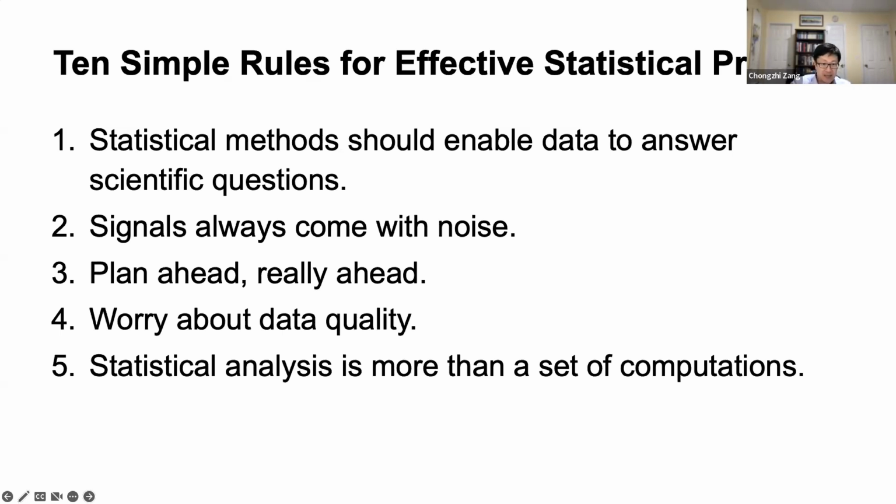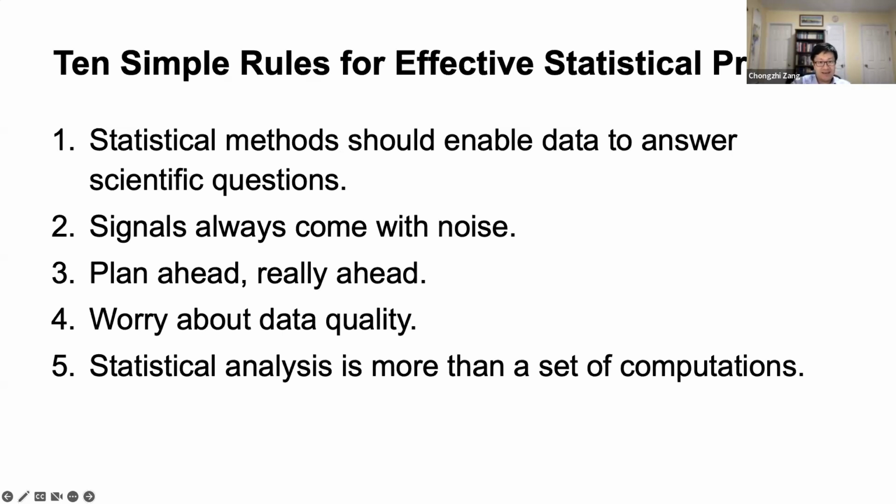before we look at any data or design an experiment. Number three, plan ahead, really ahead, meaning that a lot of things should occur when we do the study design, the experimental design. As a computational biologist, sometimes we start with experimental data generated by our collaborators or publicly available data.